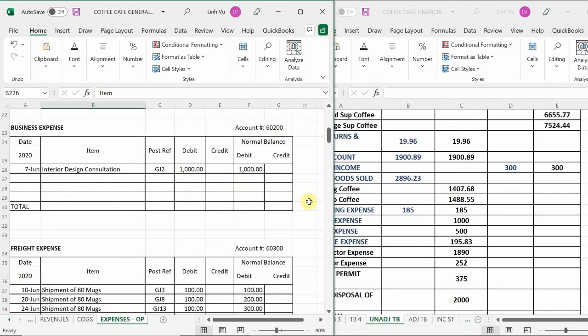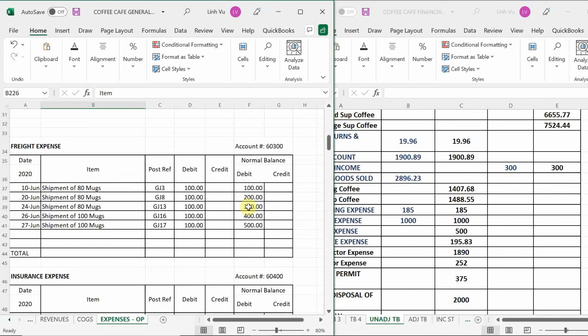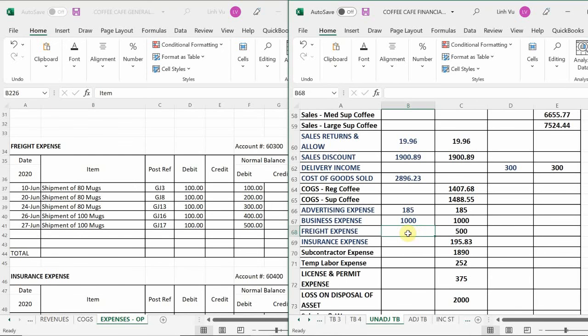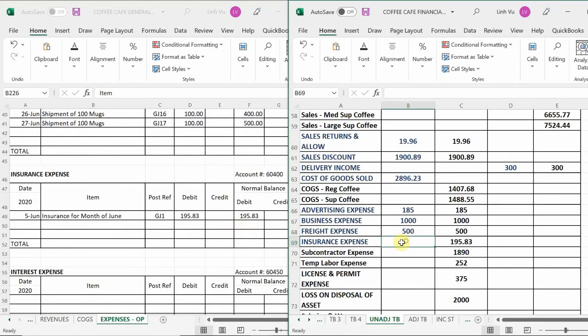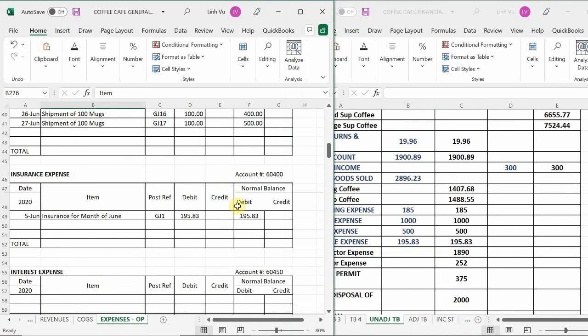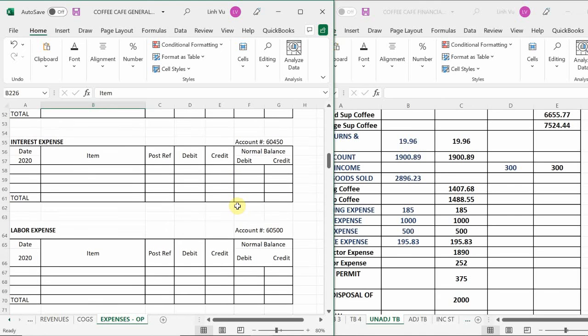Business expense is going to be $1,000. Then we have our freight expense. Okay, freight expense is $500, so that hasn't changed. Okay. Then we have our insurance expense at $195.83, so that hasn't changed yet. And then we have interest expense, none yet.